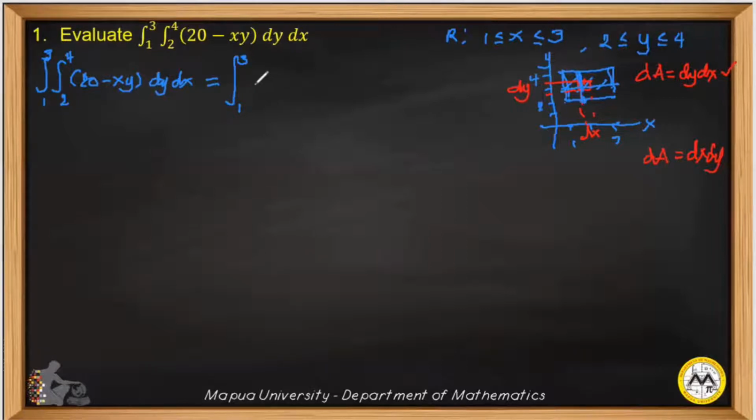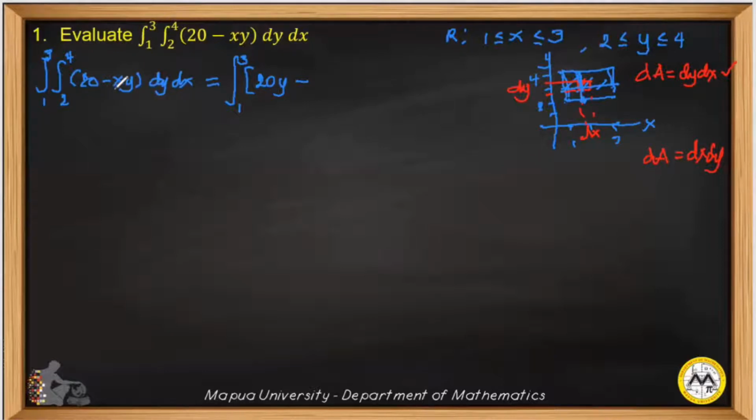Okay, evaluate the integral of (20 - xy) dy, holding x as constant, since we are evaluating with respect to the variable y. So the other variable x will be held as constant. And the integral of 20 dy is 20y minus the integral of xy dy.